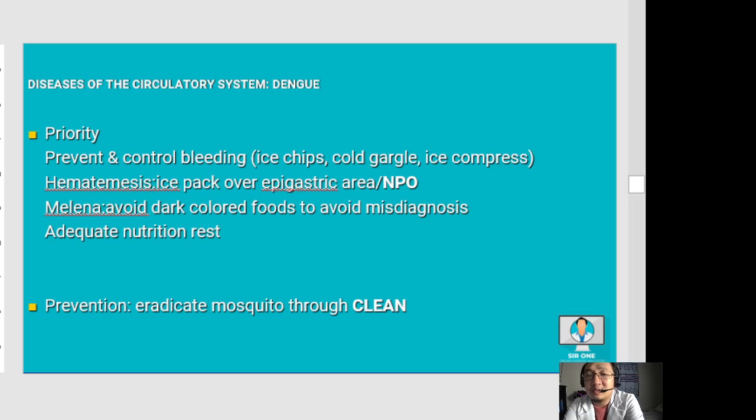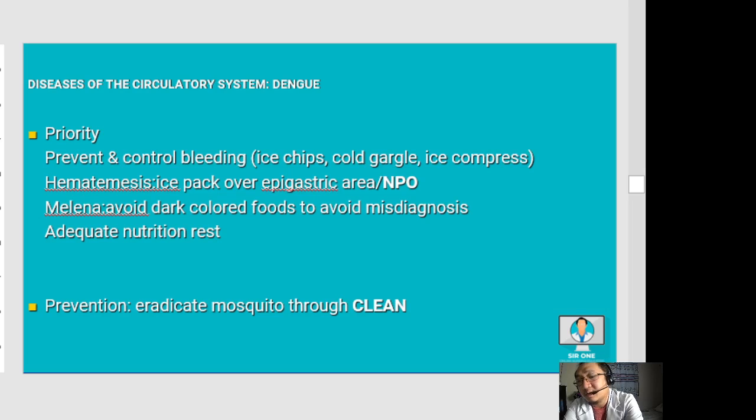Okay, so speaking of bleeding, hematemesis is blood in the vomitus. So the ice pack is placed over the epigastric area, and maintain NPO for episodes of bleeding by hematemesis. Melena, blood in the stool: usually advise them to avoid dark colored foods to avoid misdiagnosis.